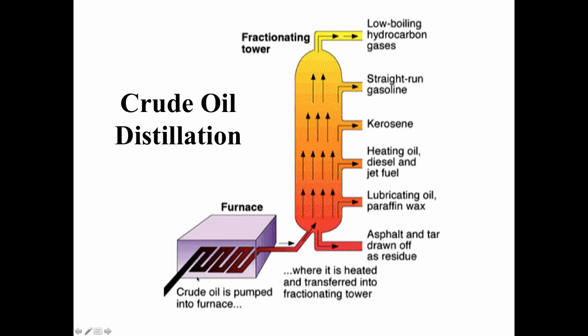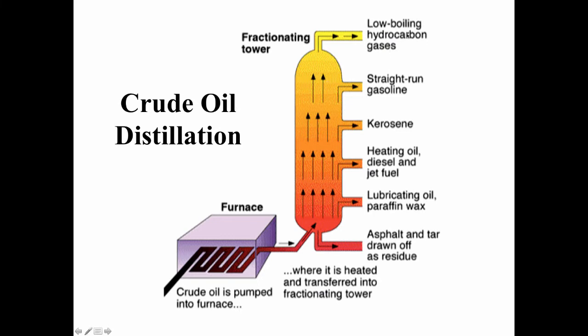You heat it up, pump it through a furnace, it gets hot, and run it into what's called a fractionating tower. It's basically a distillation, but with many, many sort of repetitive stages. And the molecules that make up this crude oil mixture get separated on the basis of different boiling points.